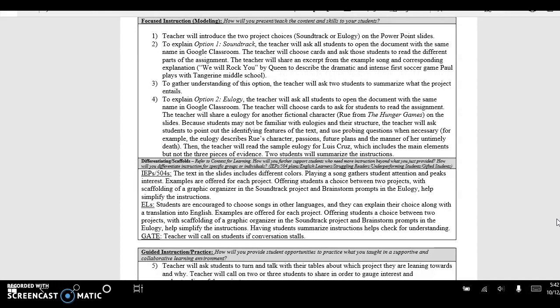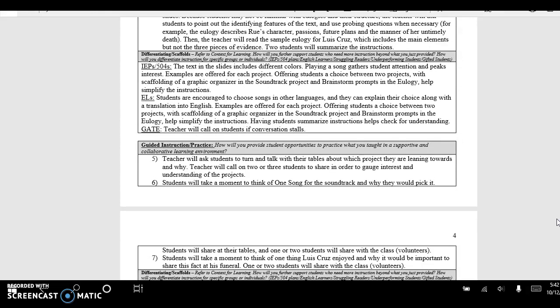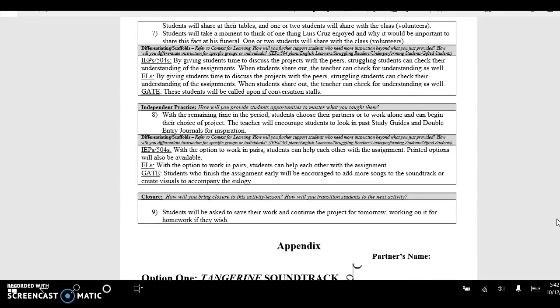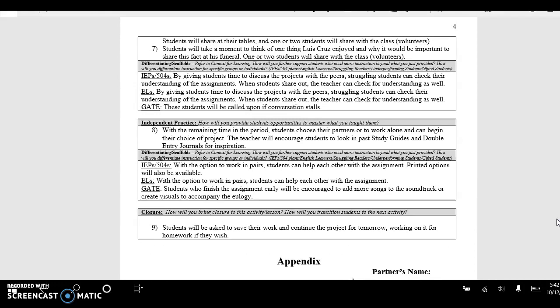Modeling is also very important, especially when dealing with technology, because we can't just assume that all students are proficient in technology, even though schools are becoming more guided towards using technology within the classroom. And yeah, I think this sample really points out what they're doing if they have IEPs or 504s or English language learners.